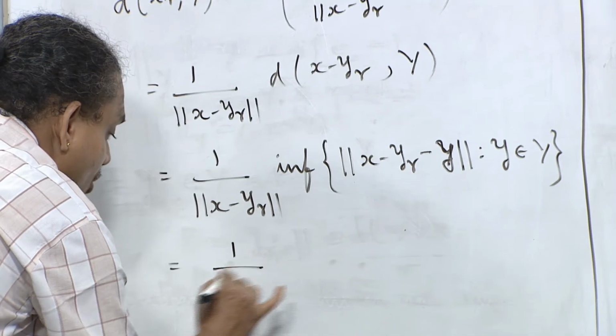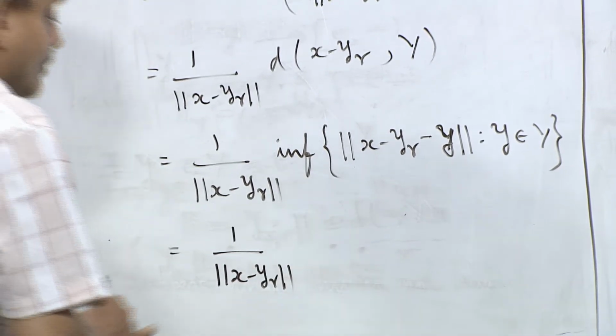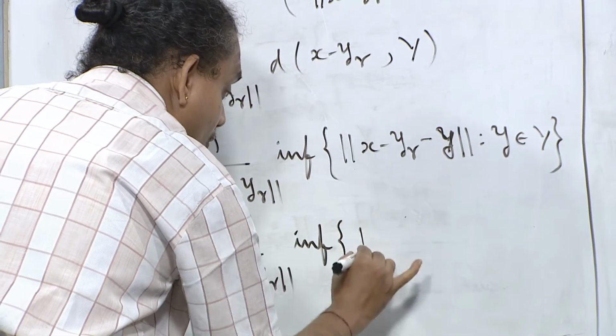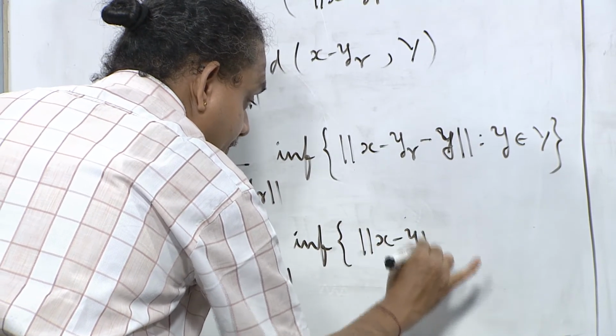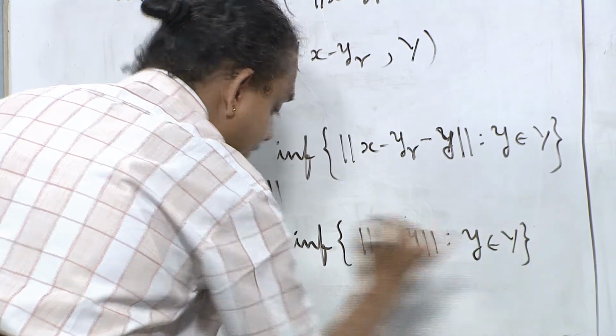So, this is going to be norm of X minus YR times the infimum of norm of X minus y, such that y belongs to Y. That is what we have.